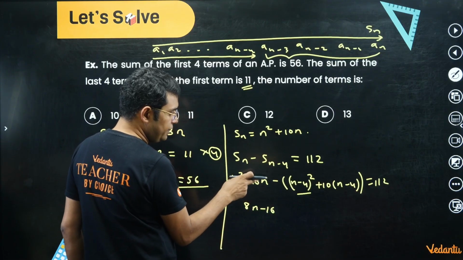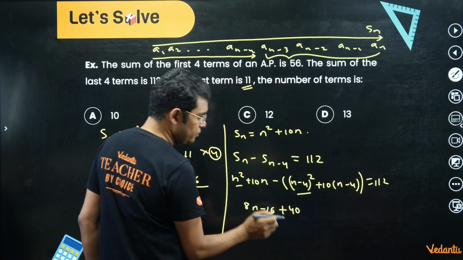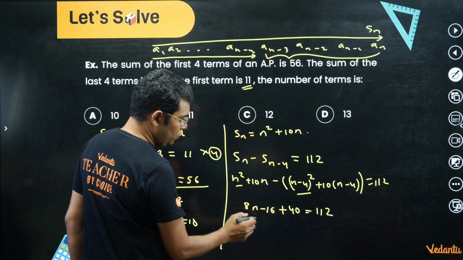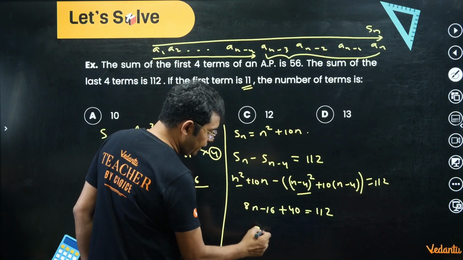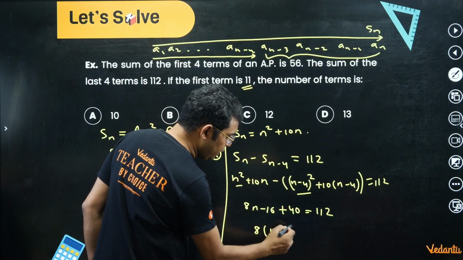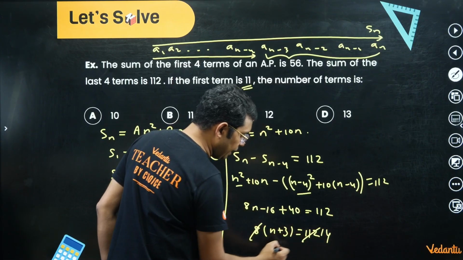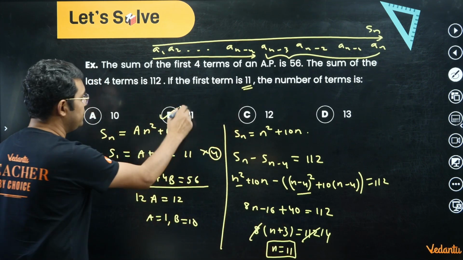Whereas if you take the difference of this with this, it will be, I think, plus 40. Okay, and that is equal to 112. So 40 minus 16 is 24. I think I can take 8 common, so n plus 3 is equal to 112. 8 will cancel it 14 times. So the value of n is 11. So answer for this is B.